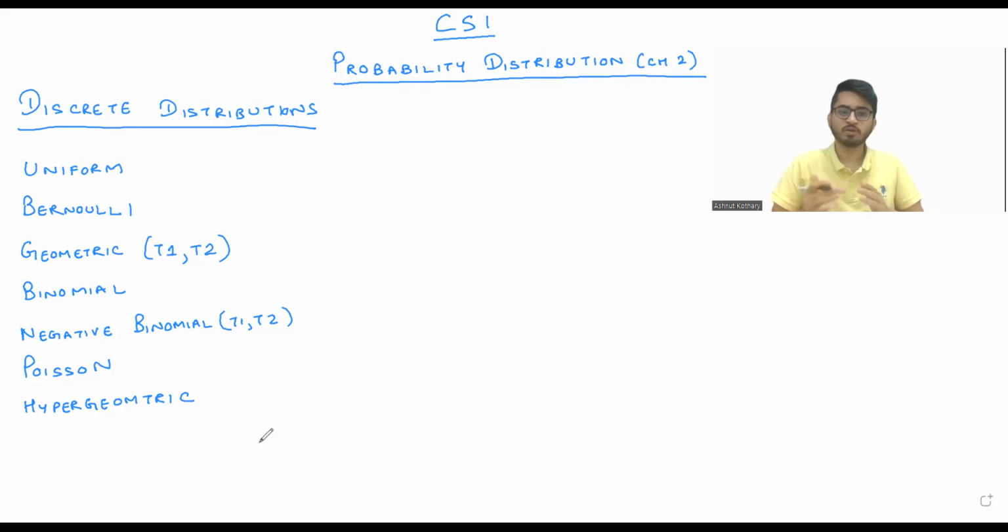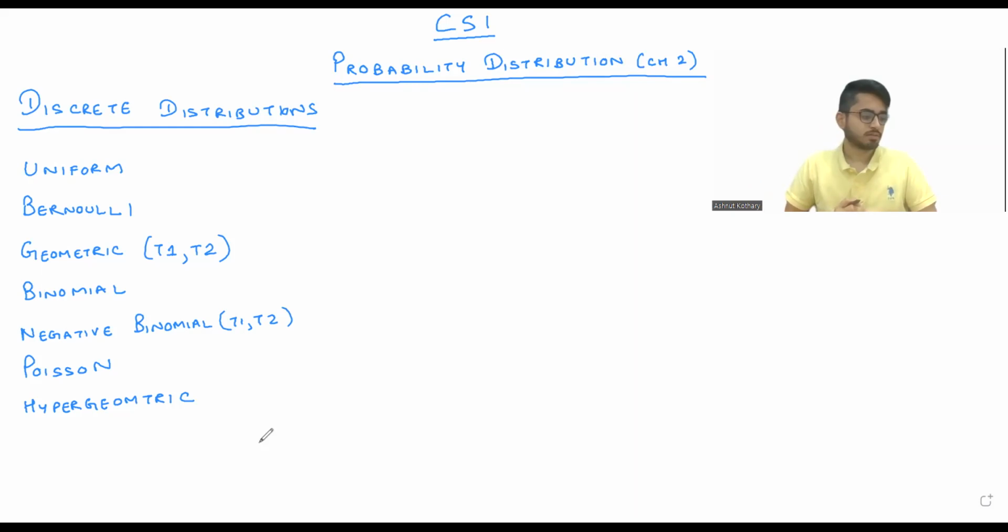Our focus would be to understand where these distributions could be used, as well as the mathematical techniques required to deal with them, be it for the mean or some higher order expectation. And we will also try to see which of these distributions are related to each other. Can I start from one and go on to the other, and so on.